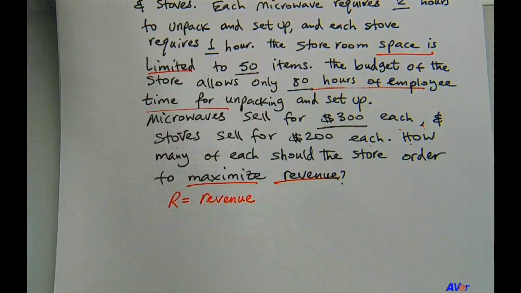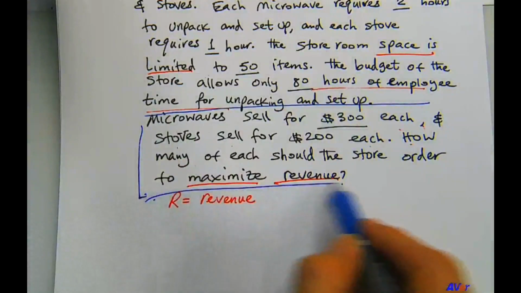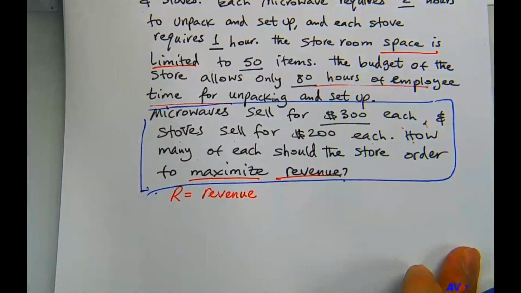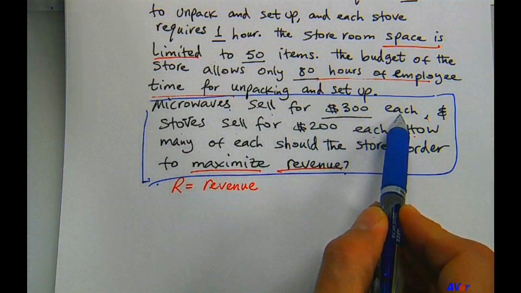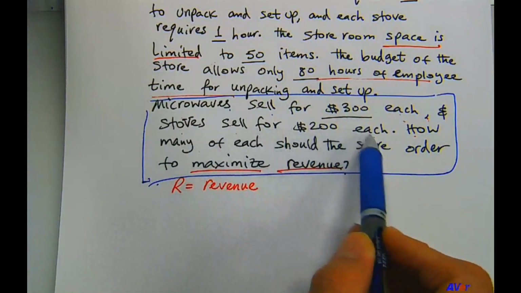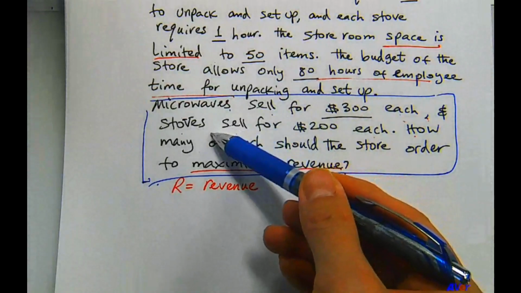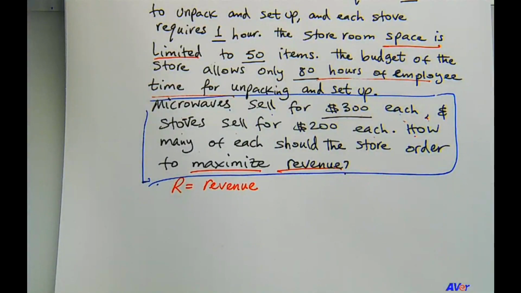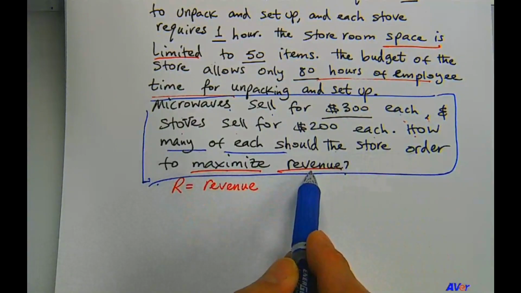Because if we look carefully from here, in this box, it says microwaves sell for $300 each and stoves sell for $200 each. So these two items, microwaves and stoves, are bringing in a revenue stream. So how many of each should the store order to maximize revenue?